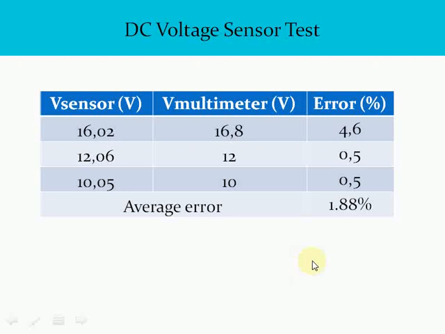This is the result of the test for the DC voltage sensor. We conducted 3 measurements. From this, we can see that the error is calculated from the difference between the output of the sensor and the output of the multimeter.